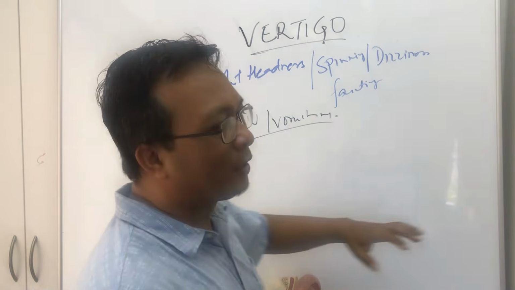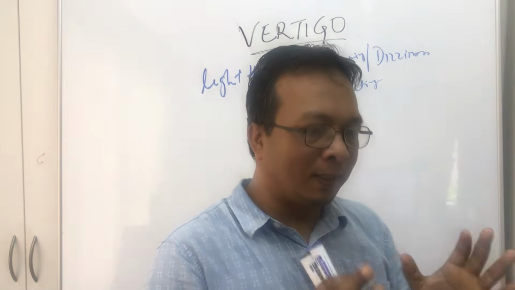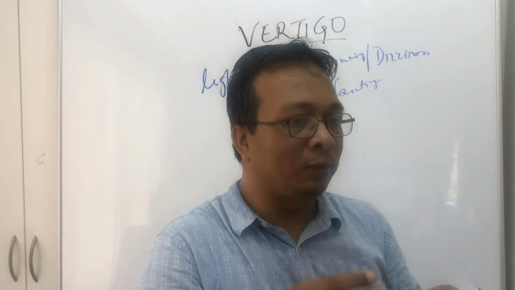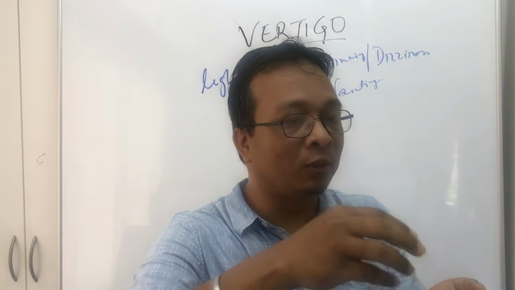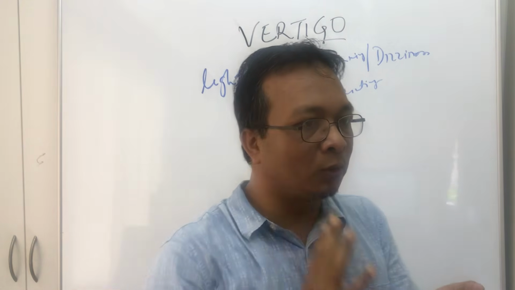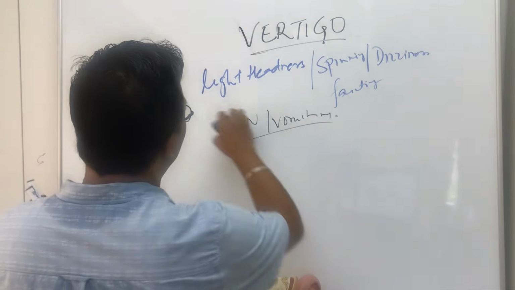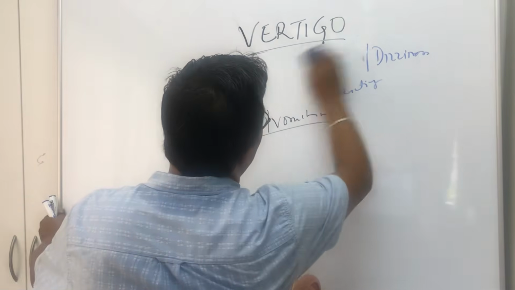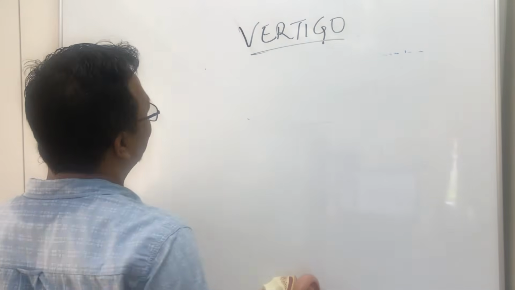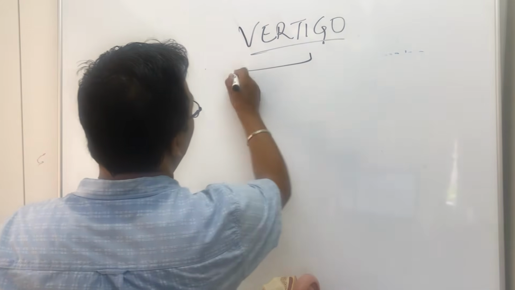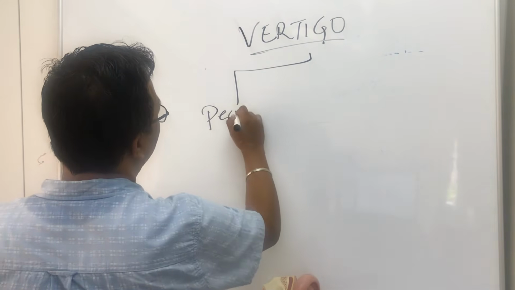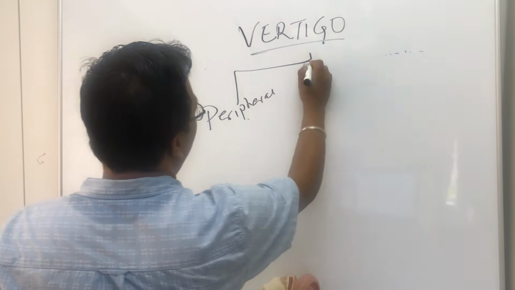When you have a patient with vertigo, the first thing you have to analyze is whether the vertigo is because of the ears or because of the brain. So we first divide it into two parts: you have to diagnose whether this vertigo is peripheral or central.